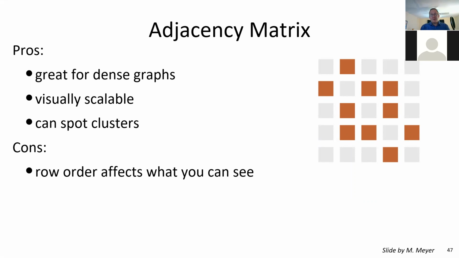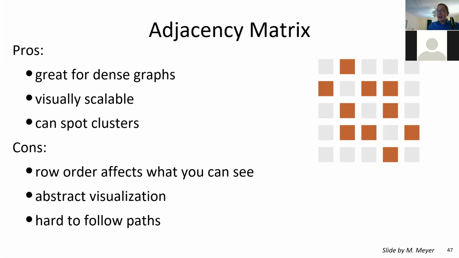But the row order affects what you see. So if I have a cluster, but they're distributed, I don't see the cluster. I do with a node link diagram, but if I don't lay it out properly, it'll affect how I view things. It's very abstract. People have trouble reading it off. I still have trouble reading it off, and I've been doing it for years. And paths are really hard to follow.